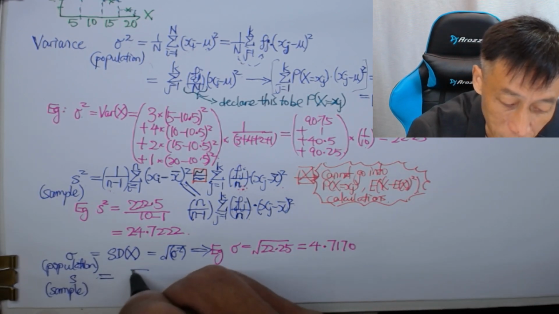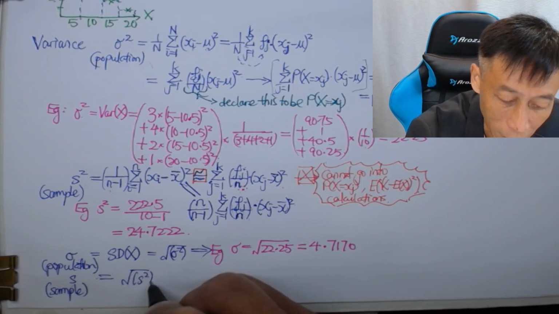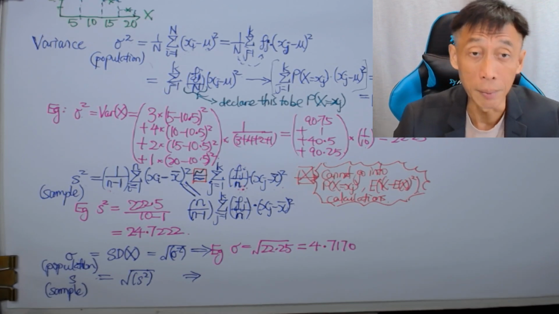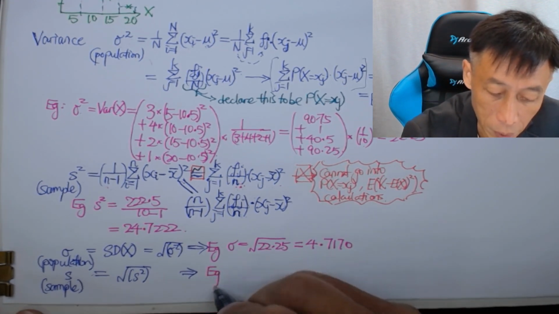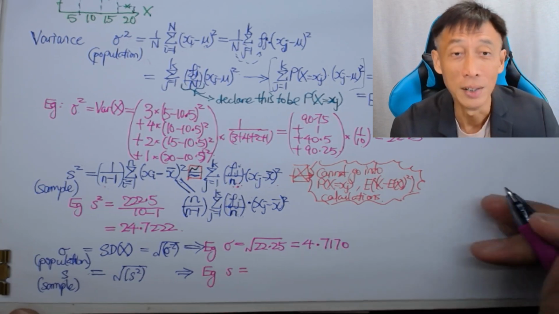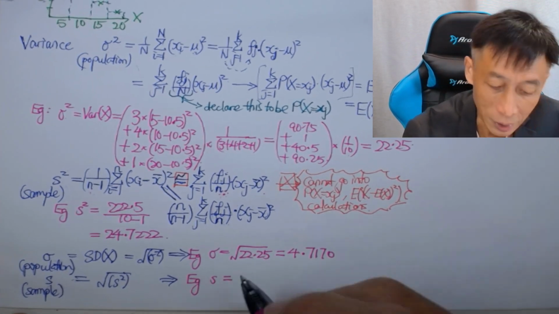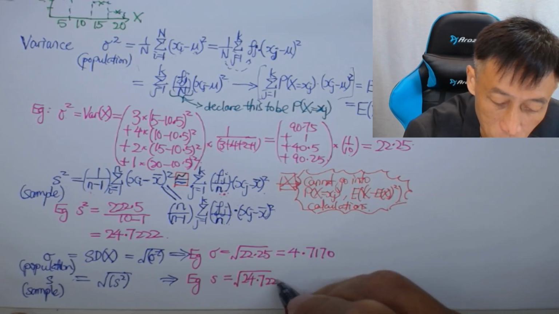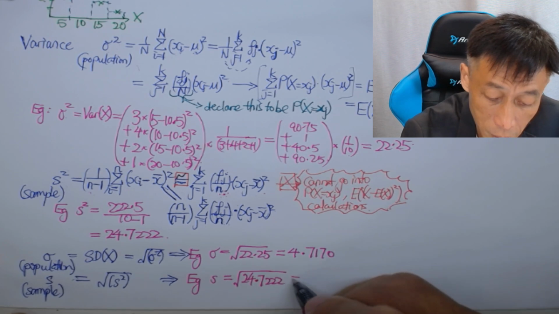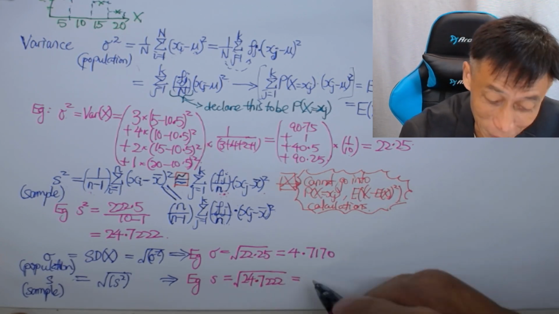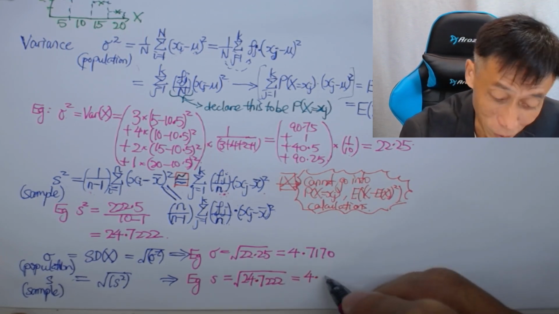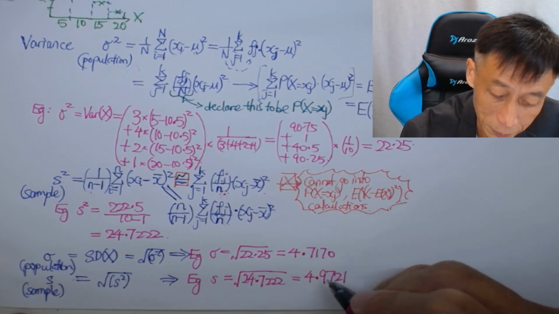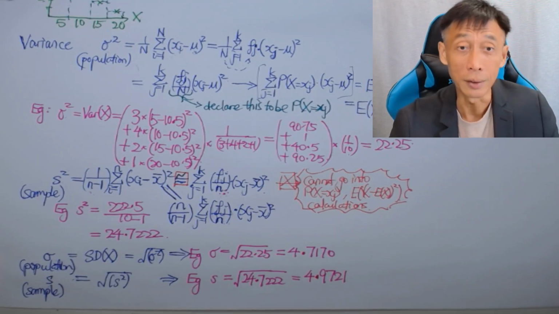It's basically going to be the square root of s squared. So using the same numerical example, our S, our sample standard deviation, is going to be the square root of 24.7222. And if I didn't press the calculator buttons wrongly, it should be 4.9721. Yeah? Okay, so like this.